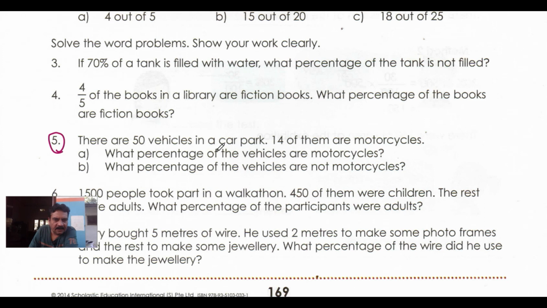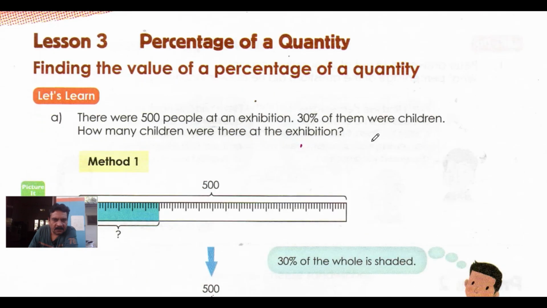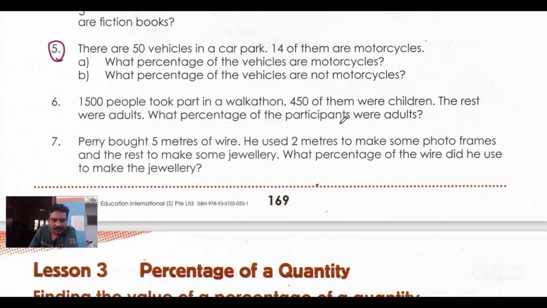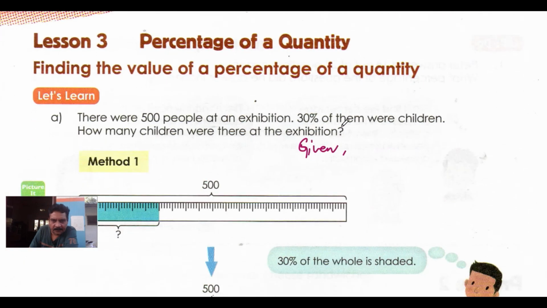There are 50 vehicles in a car park. 14 of them are motorcycles. Right? I'll give you here. Given, there are 50 vehicles in a car park.